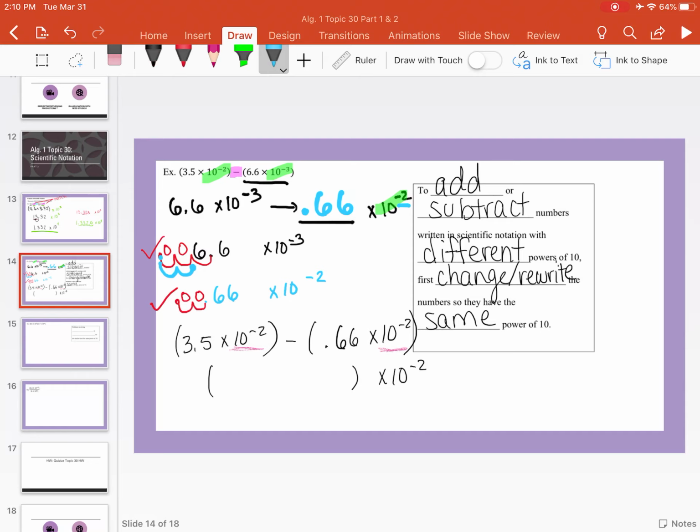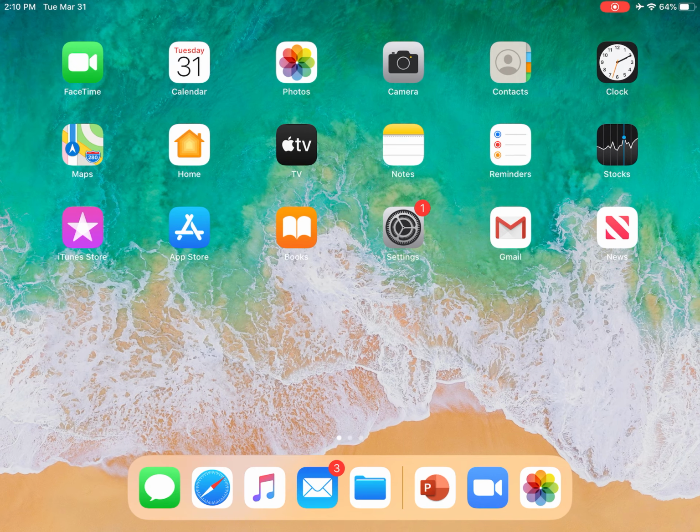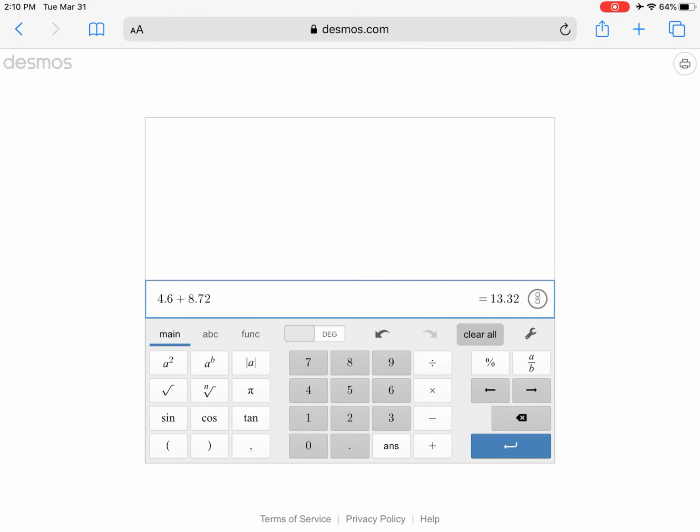And I just want to focus on my two values here. So 3.5 minus 0.66. And I'm going to evaluate that. So 3.5 minus 0.66 gets us 2.84.